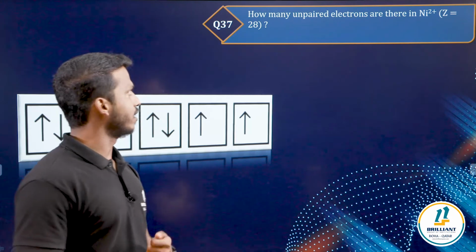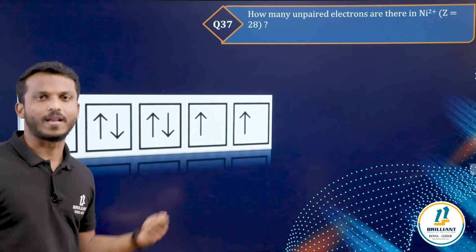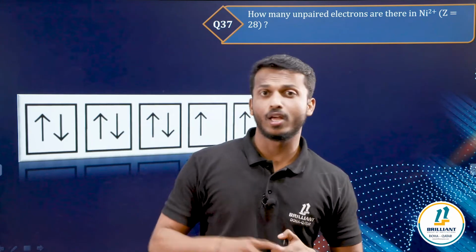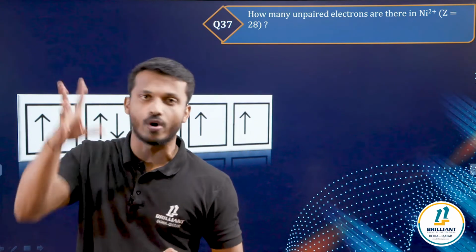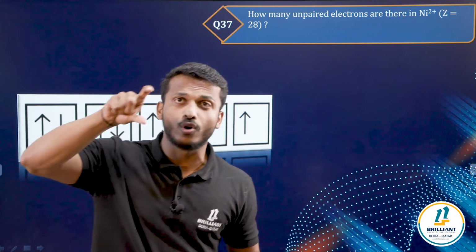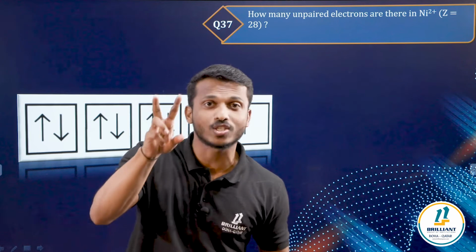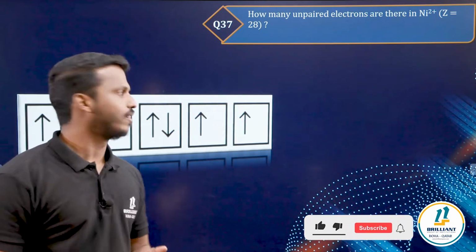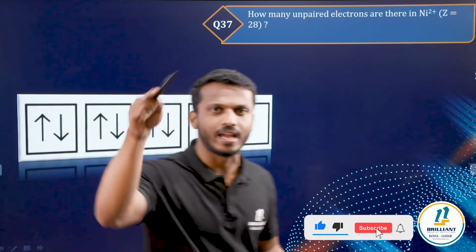Just note it, okay? You will get 3d8. But here the question is Ni2+. Ni2+ means you are going to lose 2 electrons. The outermost orbital is 4s. If you lose 2 electrons from the 4s orbital, what is left? 3d8. 3d8 means the d orbital contains 8 electrons.